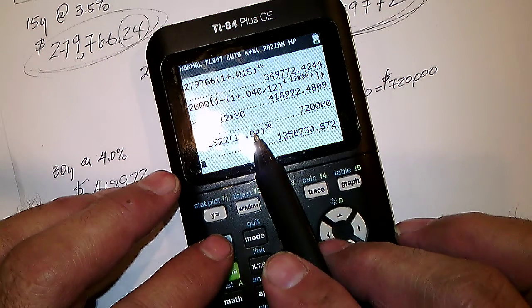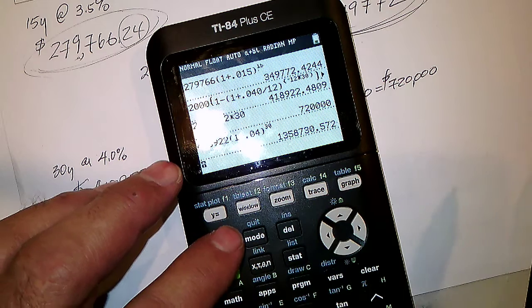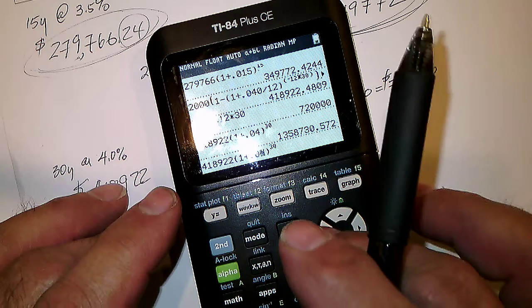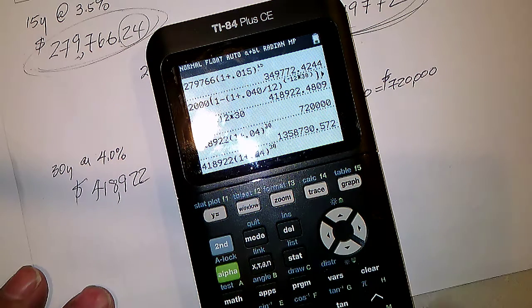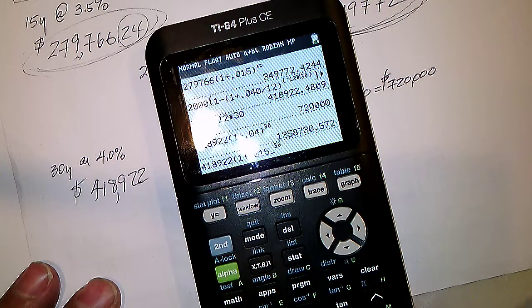If they went up at the same interest rate, the house would be worth $1 million, which is pretty cool, but not what it would be. It's only going up at 0.015, 1.5%.